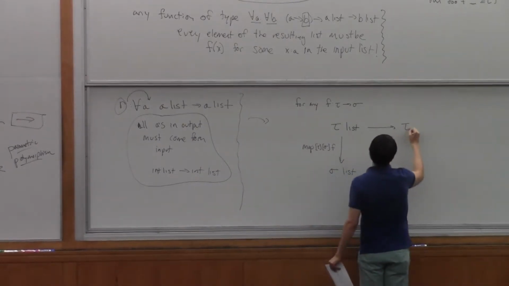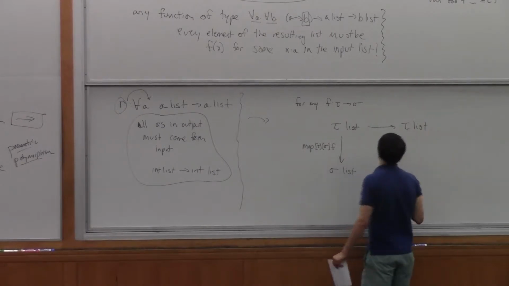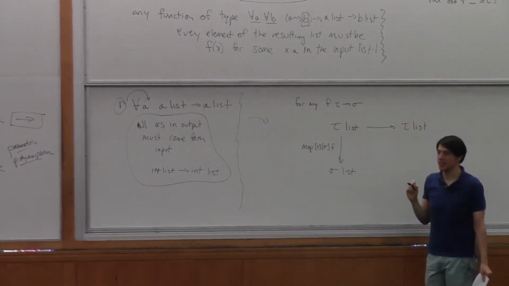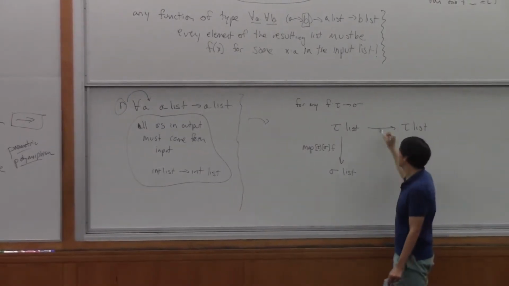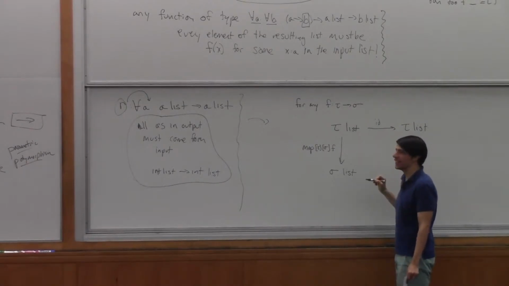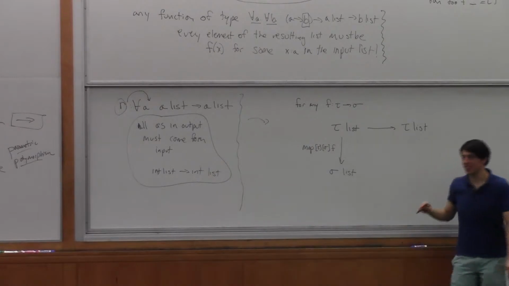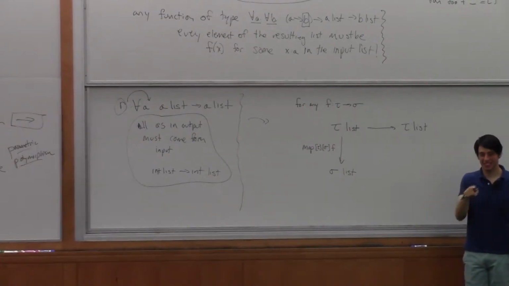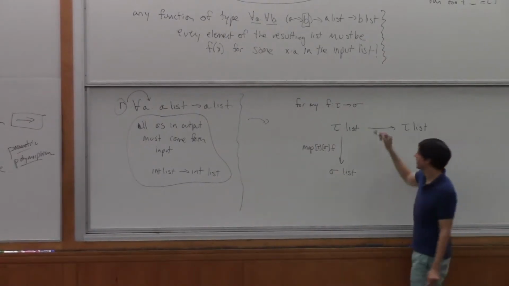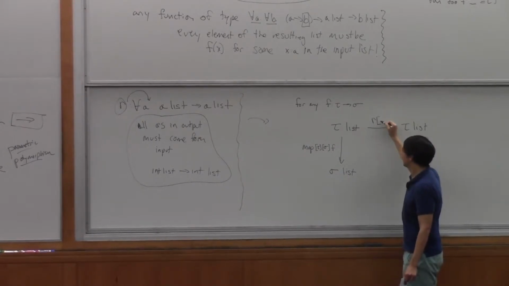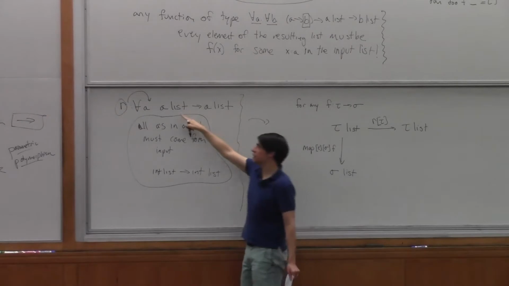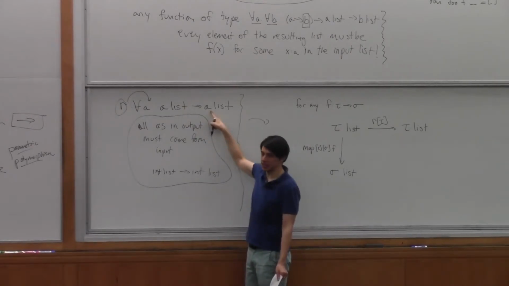I can return a tau list. Okay. Well, there's lots of ways I could do that, but which way do you have in mind? Okay, so I could do like the identity. Yeah. Okay, that's not the one that's going to give me the diagram I'm shooting for. R applied to tau is a function from tau lists.